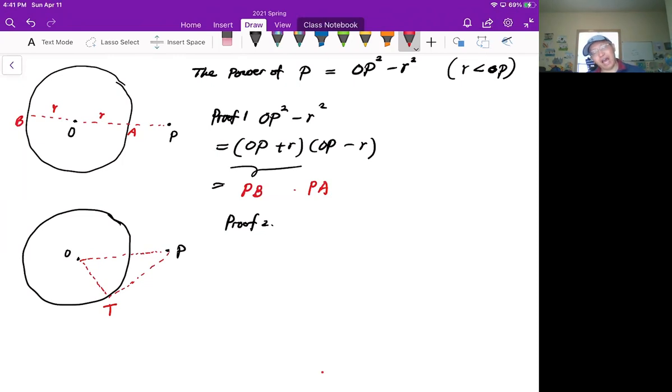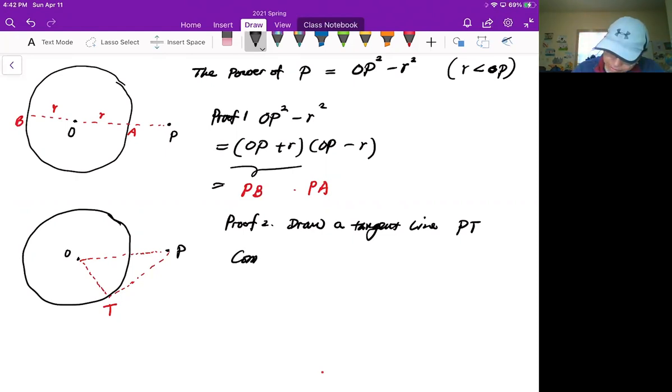And then connect this, and that can give you a right triangle. Does it make sense? So that's the tangent line PT. And then connect all of the points. You're going to connect OP and connect OT.